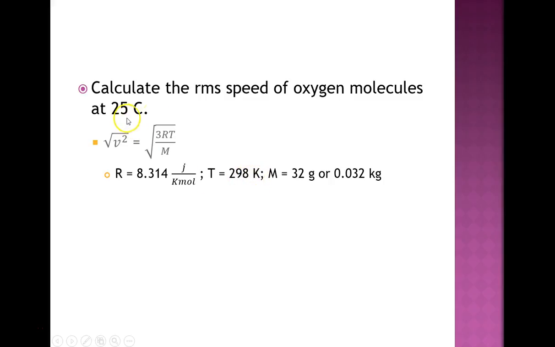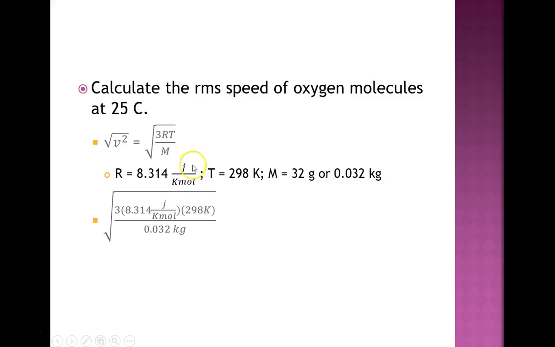So 25 degrees plus 273 gives us 298 K. And M is the molar mass. The molar mass of oxygen gas is 32 grams. Remember we said we wanted that in kilograms so that would cancel out with the joules in R. So converting this to kilograms is simply dividing by 1,000. So the molar mass of oxygen gas in kilograms is 0.032 kilograms.